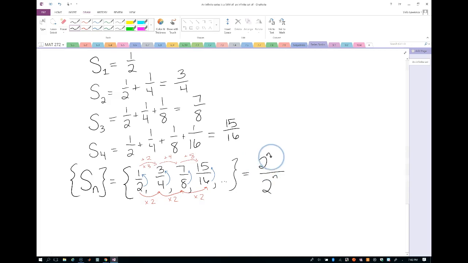So it's going to be 2 to the n minus 1. And if this series has a sum, it's going to be the same as the limit as n approaches infinity of (2 to the n minus 1) over 2 to the n.